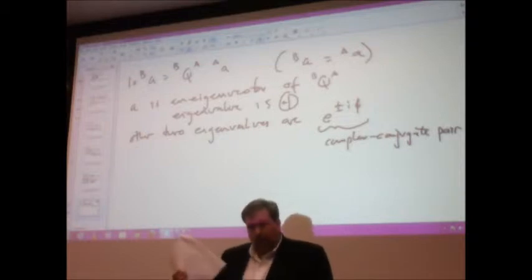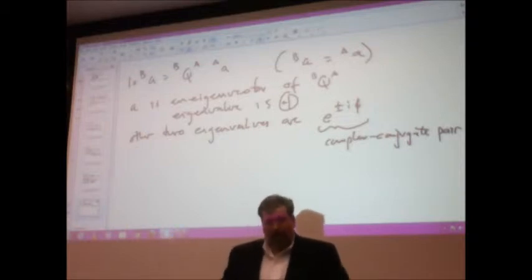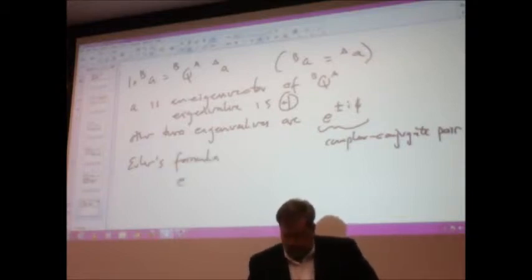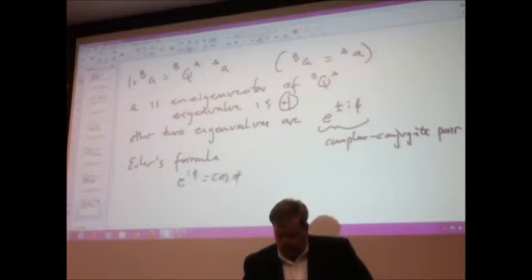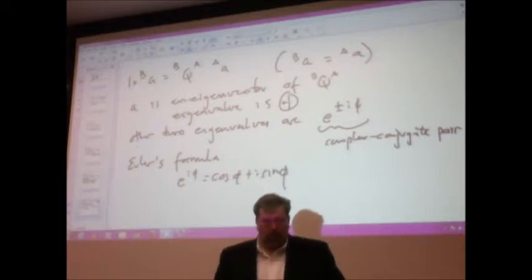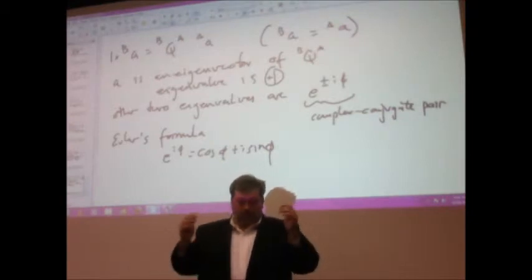Even though there's an imaginary number here, e to the i theta, you may remember as being part of Euler's formula. Yeah, Euler's everywhere in this particular story. Euler's formula is this: e to the i phi, some angle, right, is cosine phi plus i sine phi. And we normally associate that with the unit circle. Okay, so complex conjugate pair.